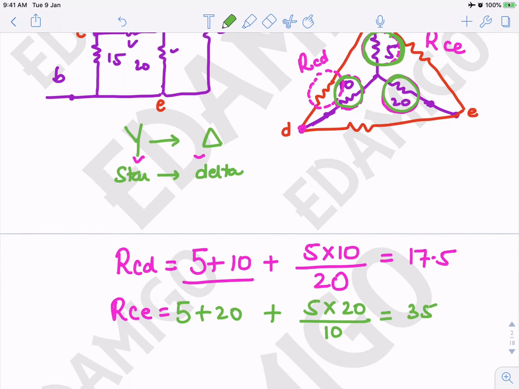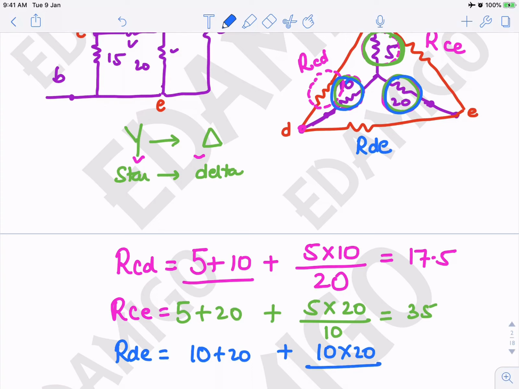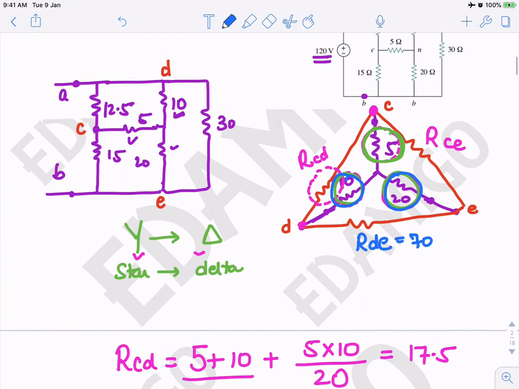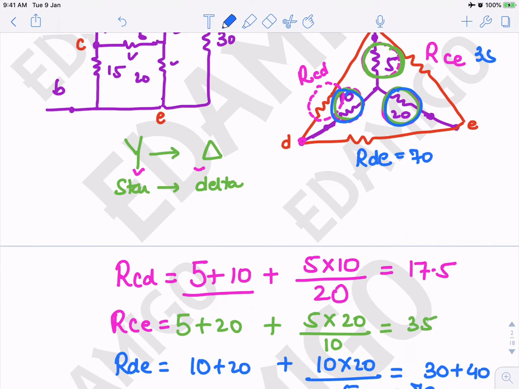The third resistance is RDE, equal to the sum of the resistances to which it is connected, 10 plus 20, plus 10 multiplied by 20 divided by the opposite resistance 5. So it is 30 plus 200 divided by 5, that is 40, which comes out to be 70. So RDE is 70, RCE is 35, and RCD is 17.5.